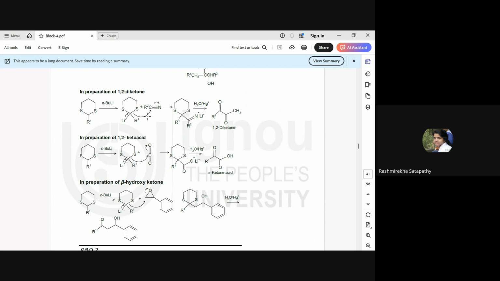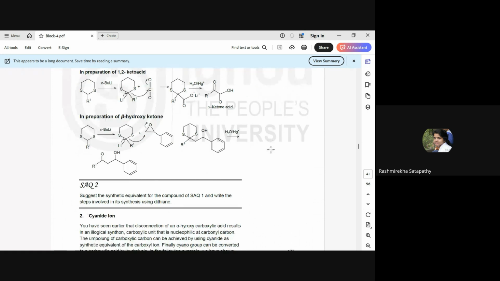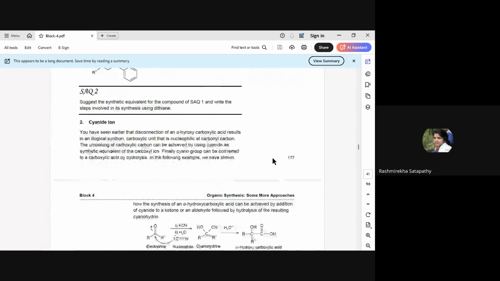When it is treated with the R2CN compound, with R1 here and R2CN attached here, then hydrolysis gives R1COCOR2. 1,2-Diketones are formed.